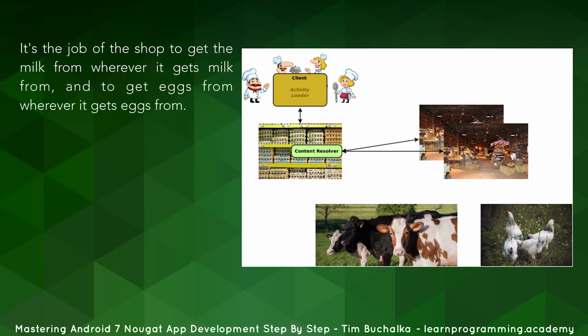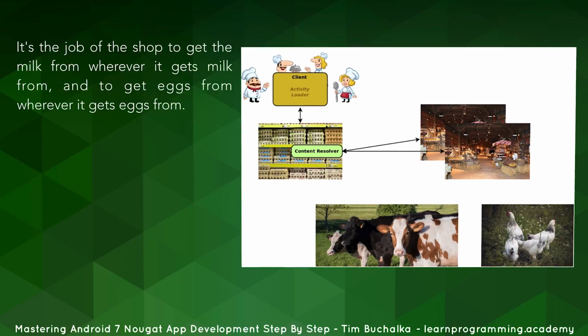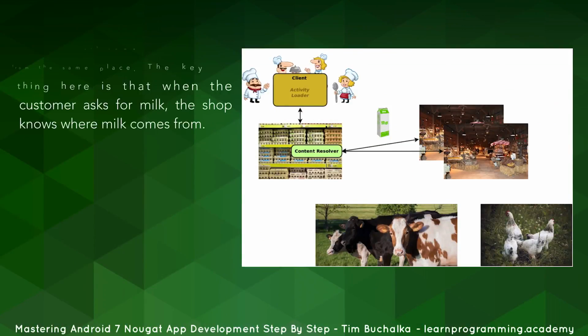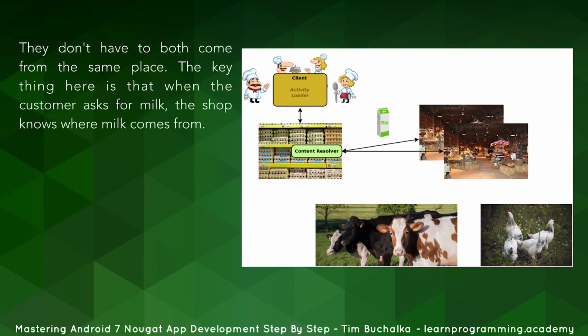So it's the job of the shop to get the milk from wherever it gets milk from and to get eggs from wherever it gets eggs from. In other words, they don't have to both come from the same place. The key thing here is that when the customer asks for milk, the shop knows where milk comes from.